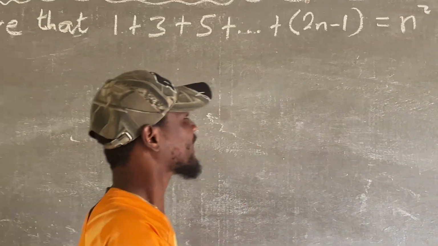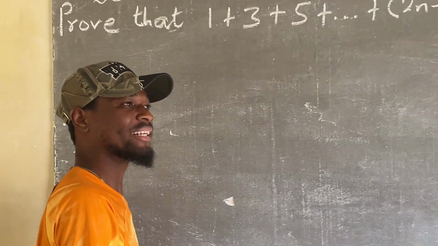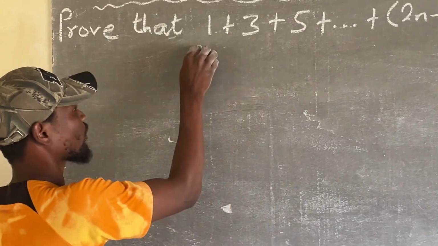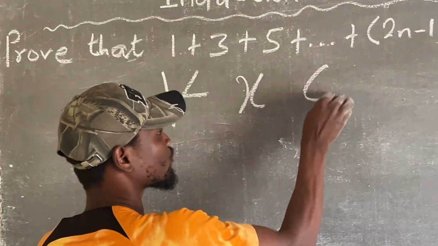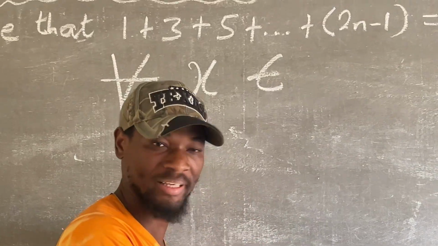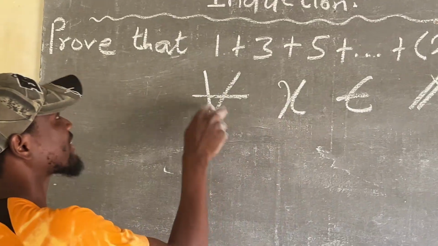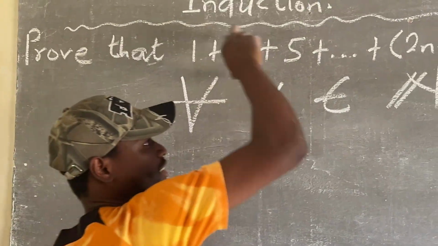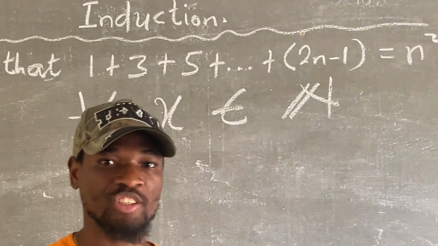So the question is trying to say that after you do the proof, make sure the numbers belong to the set of natural numbers. As simple as that. So we are going to show that this is equal to this, under this condition.